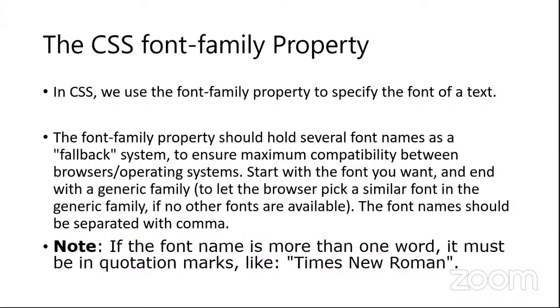The font names should be separated with commas. If a font name is more than one word, it must be in quotation marks, like "Times New Roman". So we should define the font this way, in double quotation marks. This is the example.